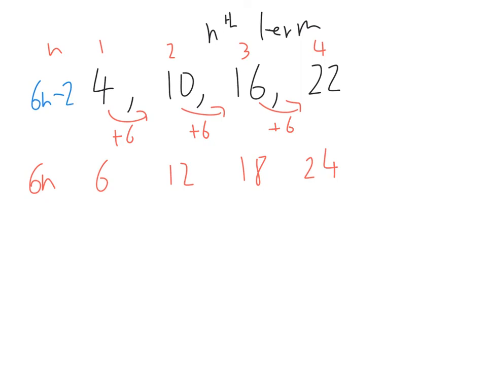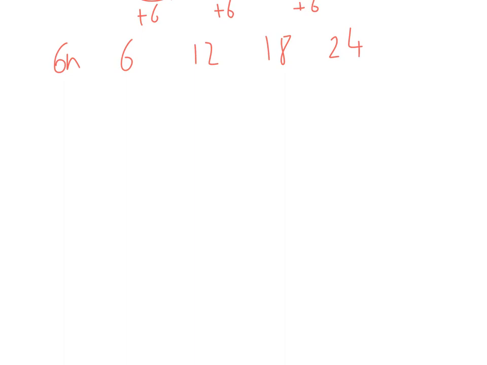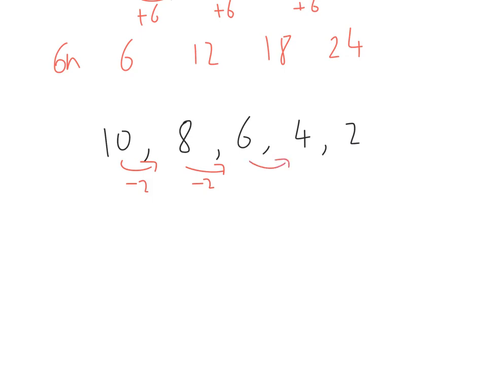And finally, let's look at 10, 8, 6, 4, 2. Well, this sequence goes down by 2 each time. The 2 times tables goes up by 2.